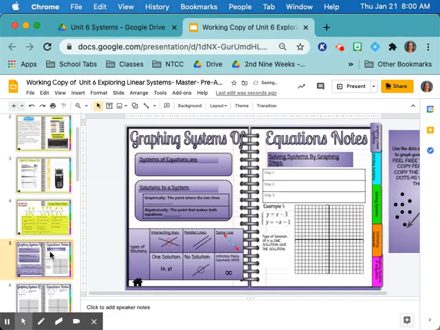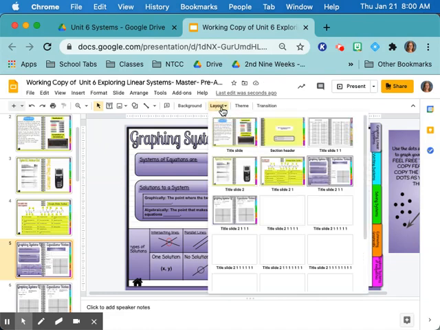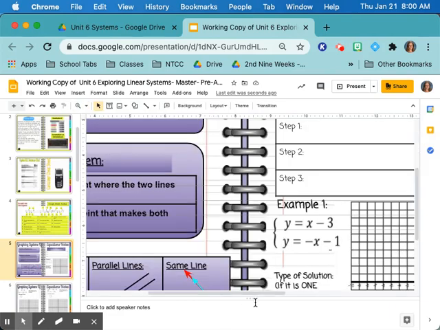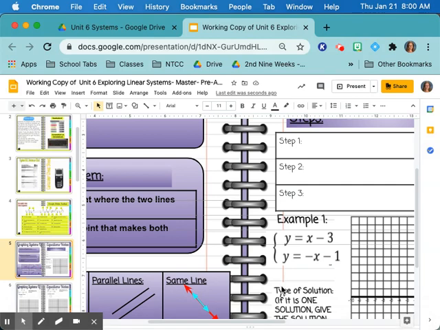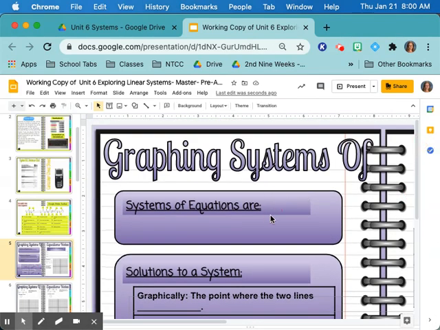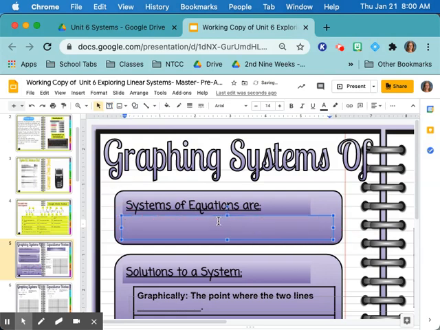Let's look at slide 5. This is the first slide that we will be writing on or typing on. So let me zoom in. So systems of equations, we need to add a text box there.